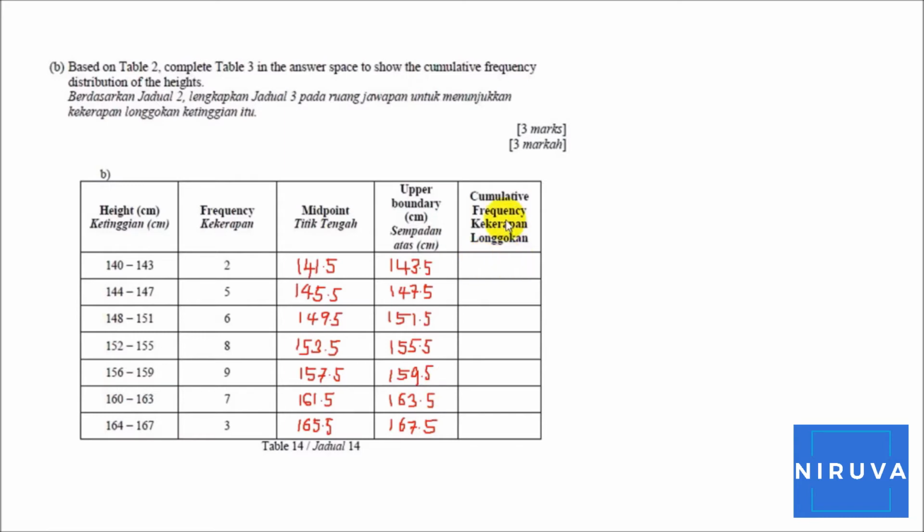Okay, as for cumulative frequency, this is the same as the first frequency, which is 2. Then we need to add up 7, 13, 13 plus 8, 21, 21 plus 9, 30, 30 plus 7, 37, and lastly 37 plus 3, 40.